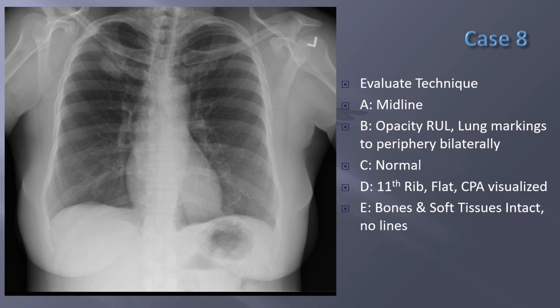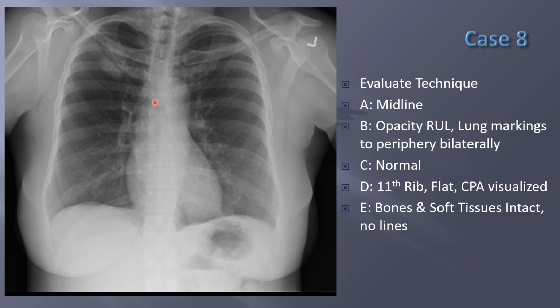All right. Technique wise, we have our spine through our cardiac silhouette. We have our spinous processes that appear to be somewhat equidistant to the vertebral body, and maybe a little bit rotated closer to this side than that side.